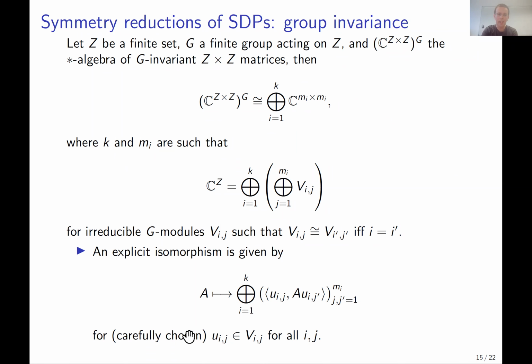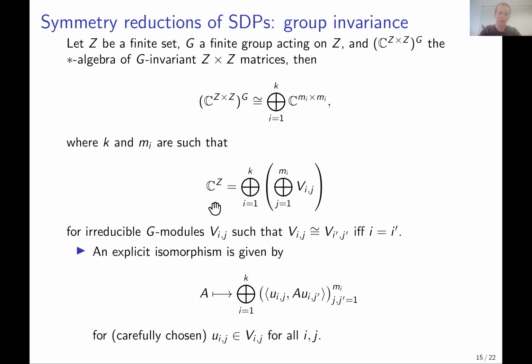You need to do it slightly carefully, but then the isomorphism between this space and this space would just be given by taking inner products with respect to these representative elements. Okay, so that's to give you an idea of what we're going to do in the rest of the talk. We're going to look at SDPs related to this MUP problem. We're going to look at the vector space, and we're going to decompose this into irreducible modules.